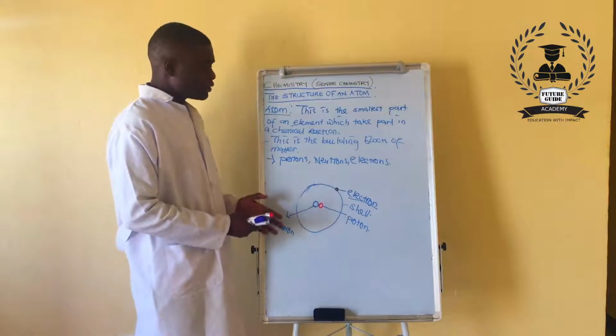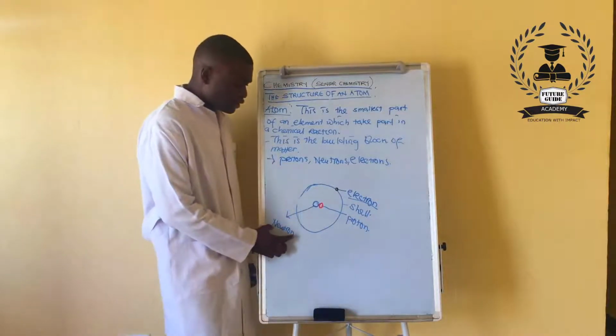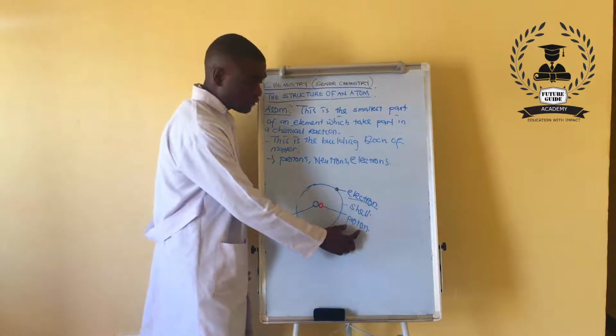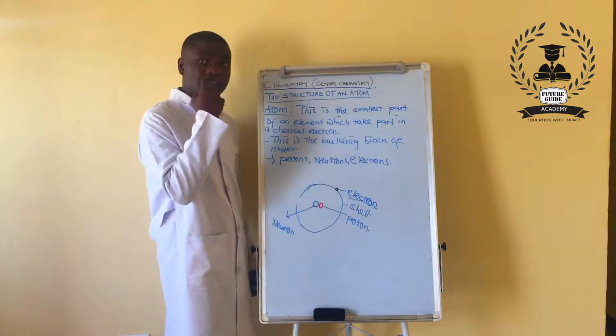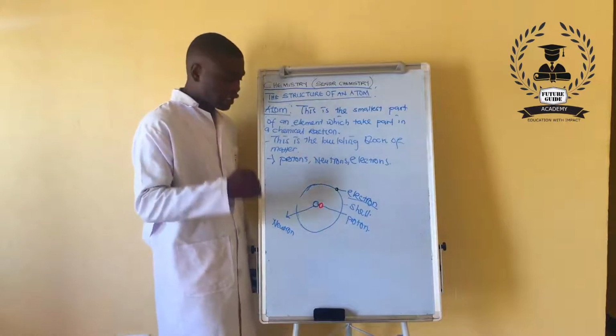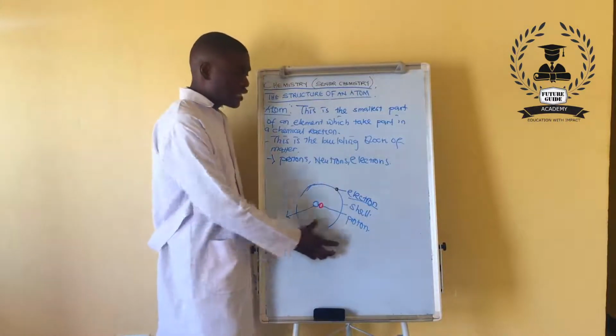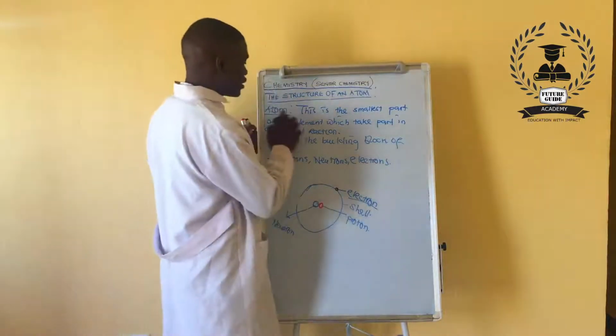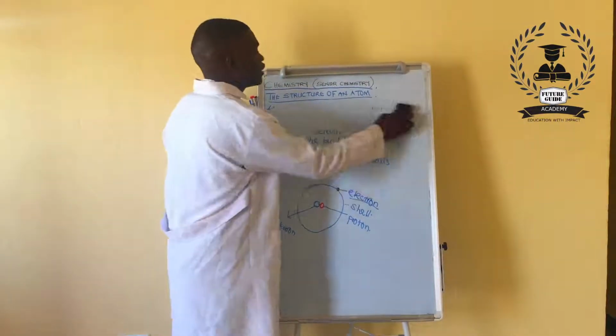Now, as we proceed, we want to look at the structure of an electron, the structure of a proton, as well as the structure of a neutron, including the charges that these substances have. Let's present that in form of a table.